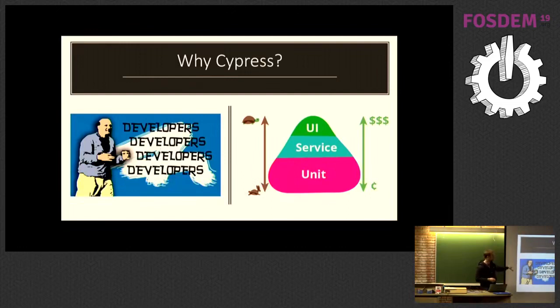That is decision number 1 that I made. And second one, in Cypress you can go up and down the test pyramid, so you can write a unit test, API integration test, and end-to-end test in one tool or one framework. So you don't need to maintain multiple code bases or multiple paradigms when you switch.